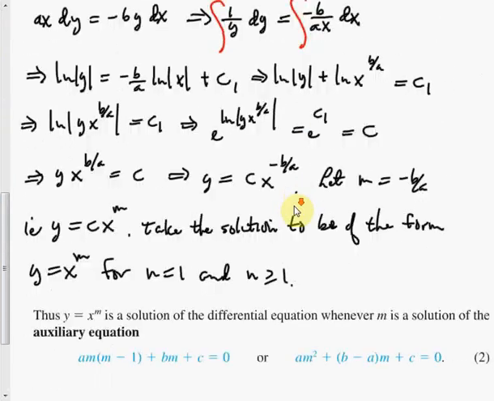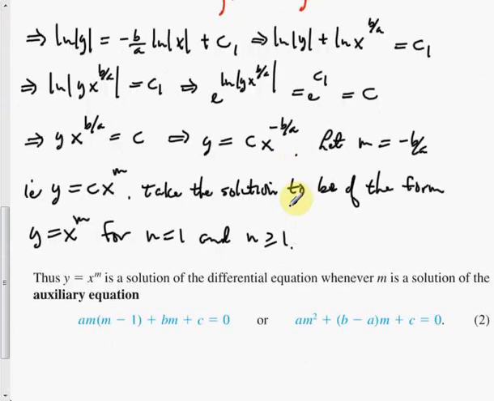If that be the case, then the solution will be of the form y equal to x to the m. What we mean is that the solutions here are polynomial in form. If it's a differential equation with constant coefficients, then the solution, we said, was exponential in form. That was back in chapter 4. Right?